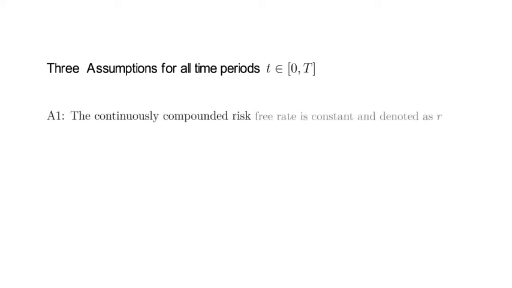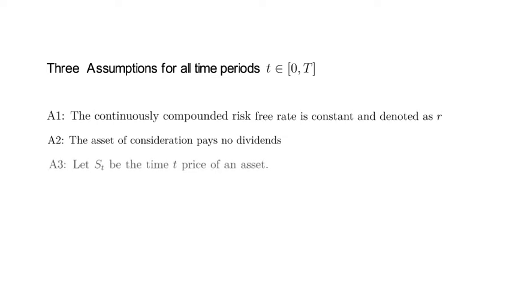Let's assume the following three assumptions hold for all time periods little t that go from 0 to capital T. Assumption 1: the continuously compounded risk-free rate is constant and denoted as R. Assumption 2: the asset under consideration pays no dividends within the time period 0 to capital T. And the third assumption: let S_t be the time t price of an asset.